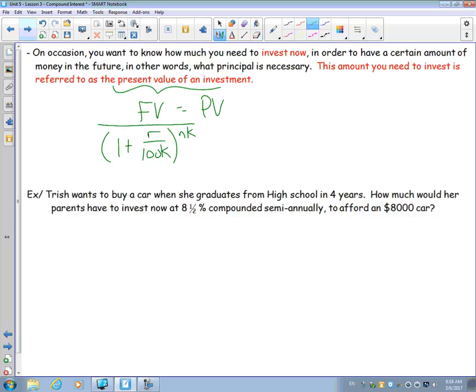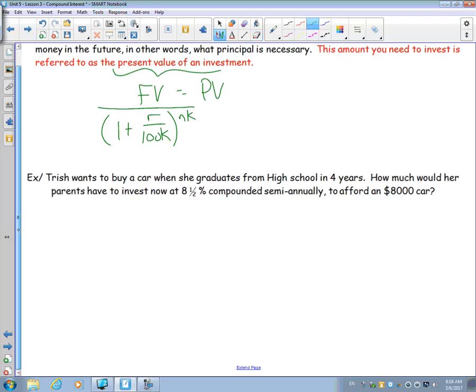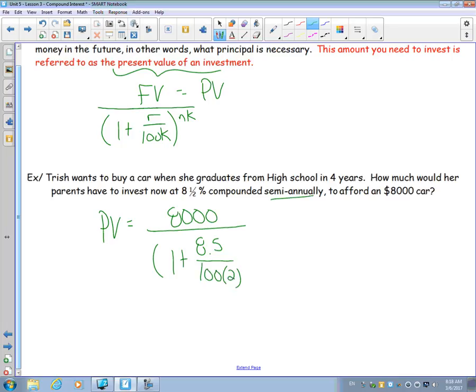And basically works the same way otherwise. So for Trish, her present value, what does she need now? She wants to end up with $8,000. She's going to divide that by 1 plus 8.5% as a rate. She's compounding semi-annually, so it's K of 2. She's going to do this twice a year for 4 years.